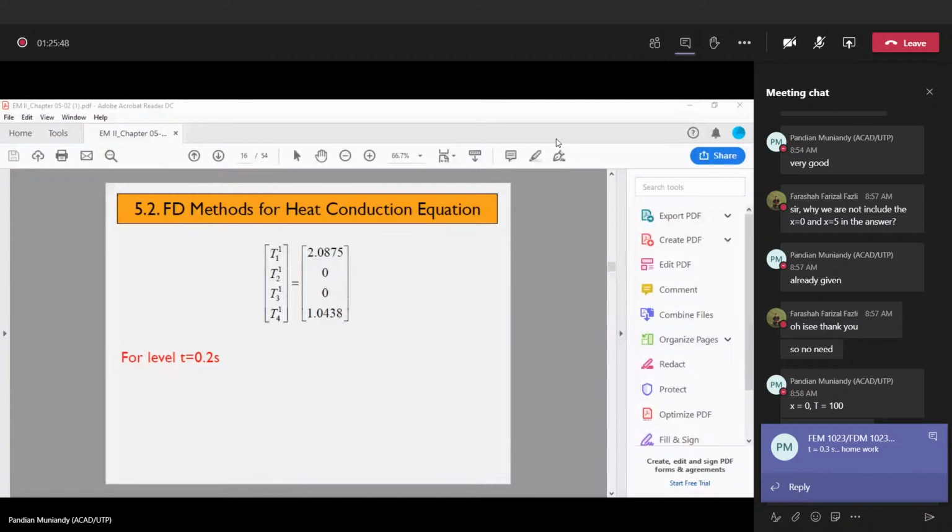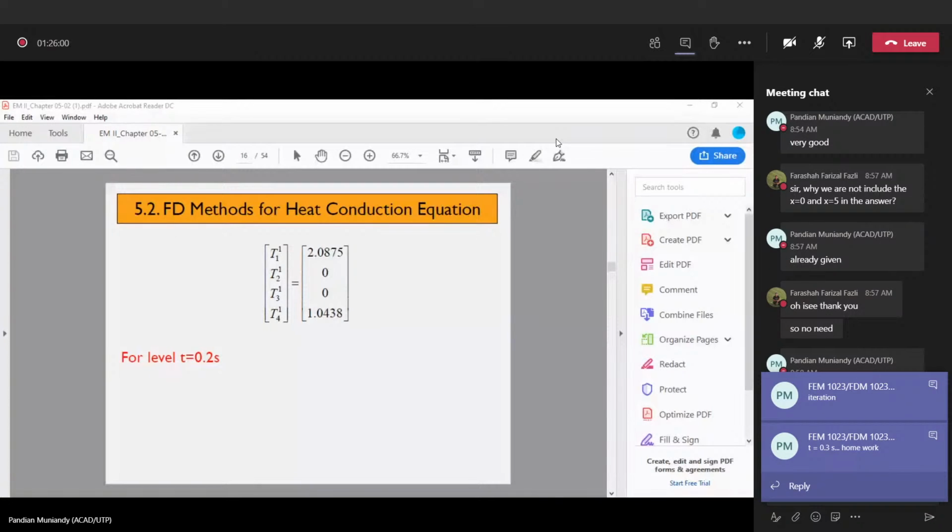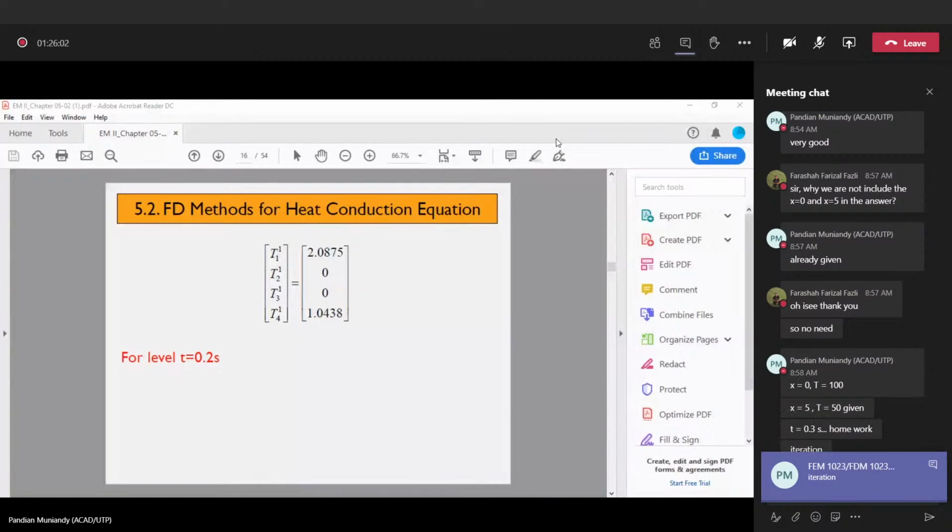So you go like that. This is what we call numerical method. This is what is called iteration. You continue at T 0.3. You have to calculate T1, T2, T3, T4 again.